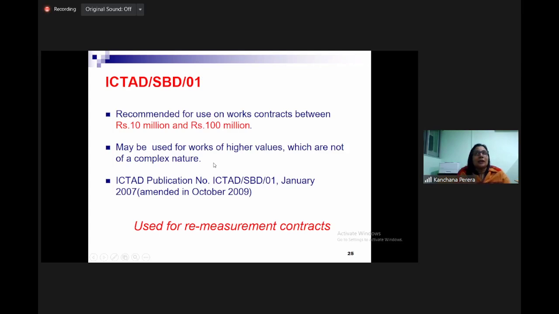Cost of one house is 50, we have 4 houses, but complexity is 50 million. Therefore, even for a 200 million project, we go for SBD 01 with the justification. But the general understanding is that it is 10 to 100 million. This is used for remeasurement contract types.